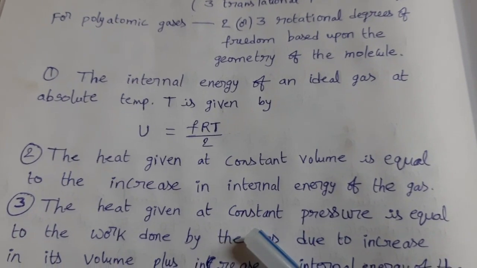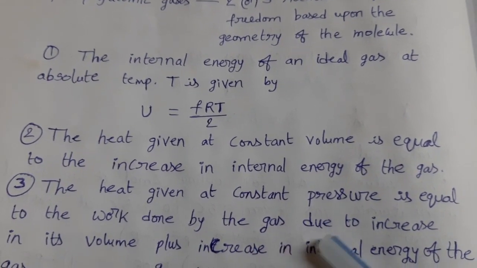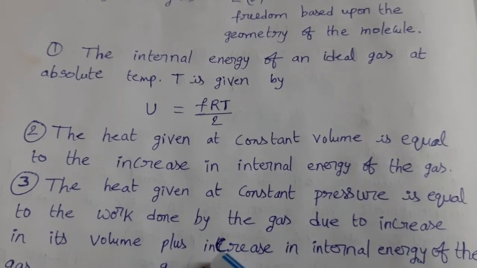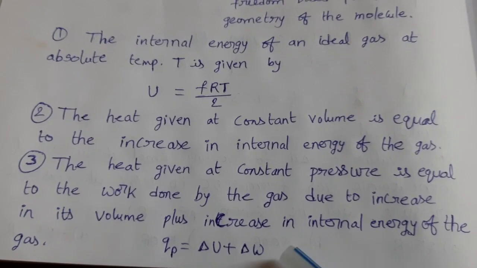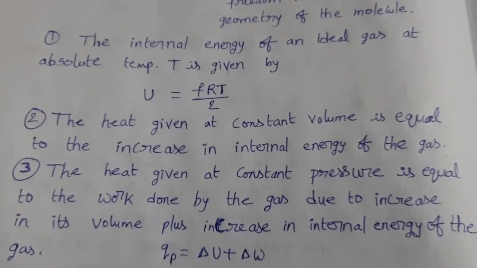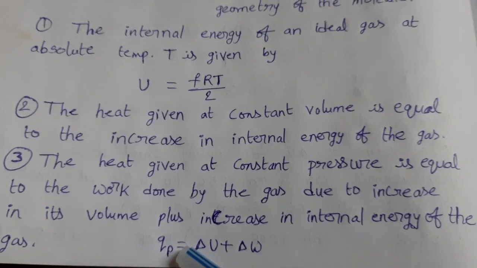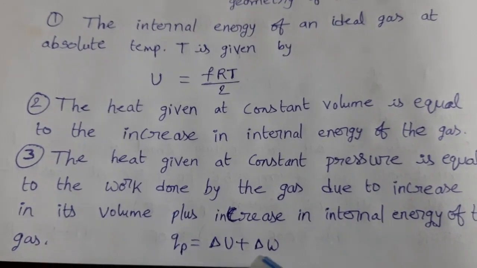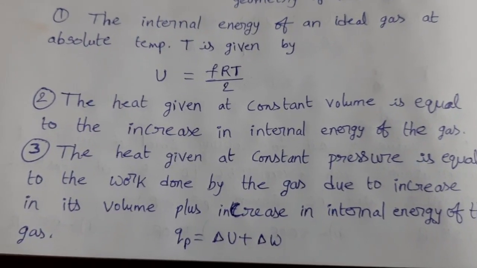The heat given at a constant pressure is equal to the work done by the gas due to increase in its volume plus increase in its internal energy of the gas. So here QP means heat supplied to the system at constant pressure. This value is equal to work done by the gas. Here we are supplying heat energy to the substance.